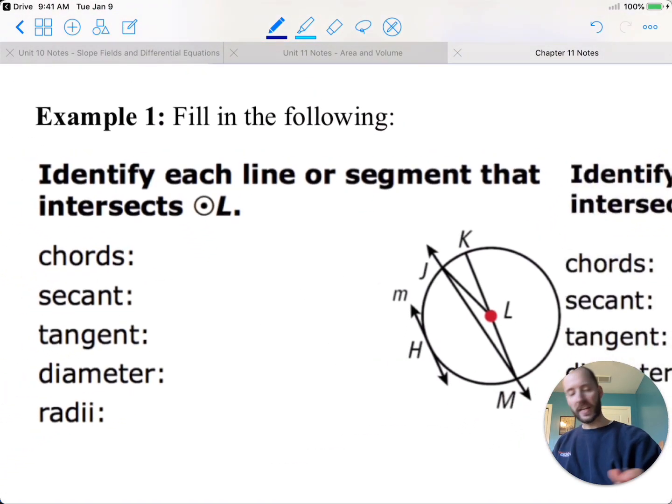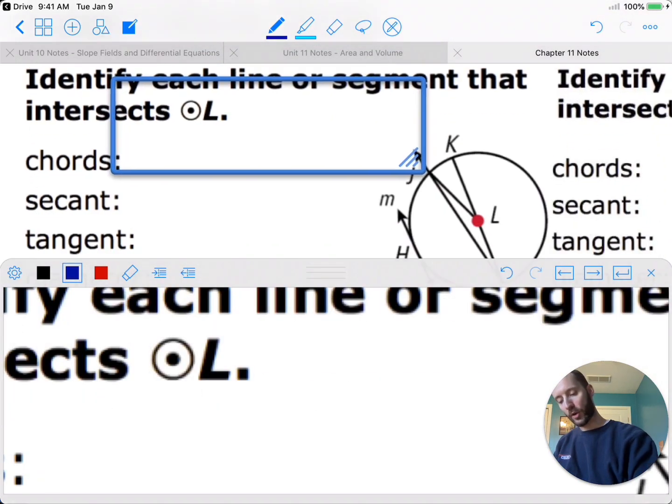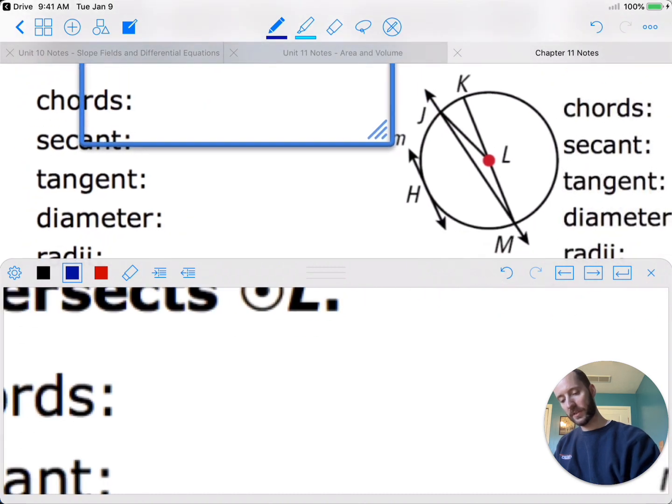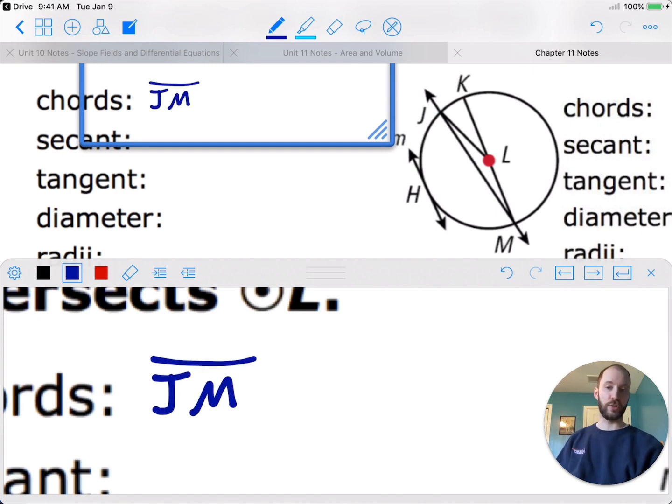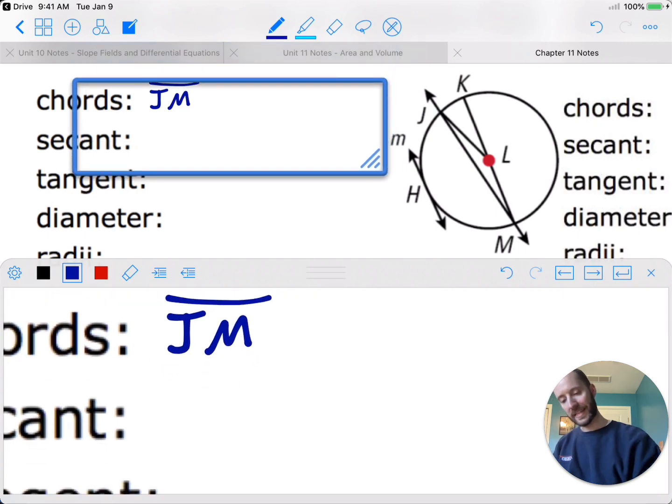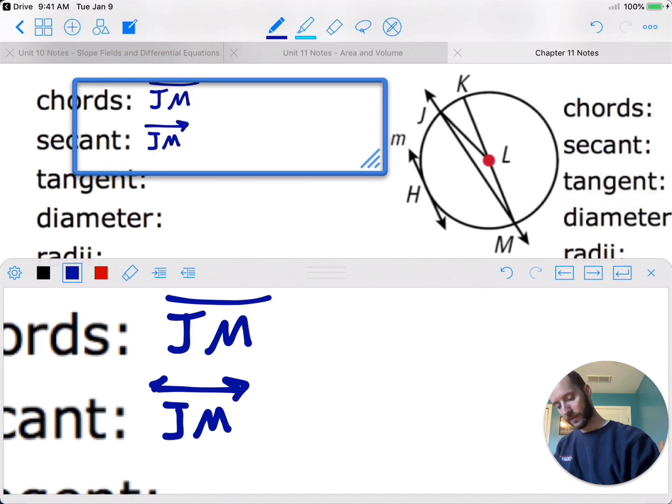So we're kind of identifying these different types of lines and line segments. A chord is the line segment. So we see JM, a line segment with the endpoints on the circle. A secant would then be JM also, but now it's a line.